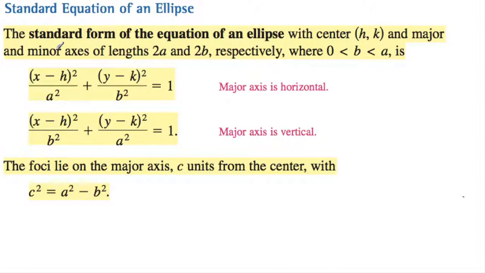So here are the equations. They're a little bit more complex than some of the other equations we've seen. Now the foci lie on the major axis, and they're going to be c units from the center, where c squared is equal to a squared minus b squared. We know that the lengths of the major and minor axes are going to be 2a and 2b.